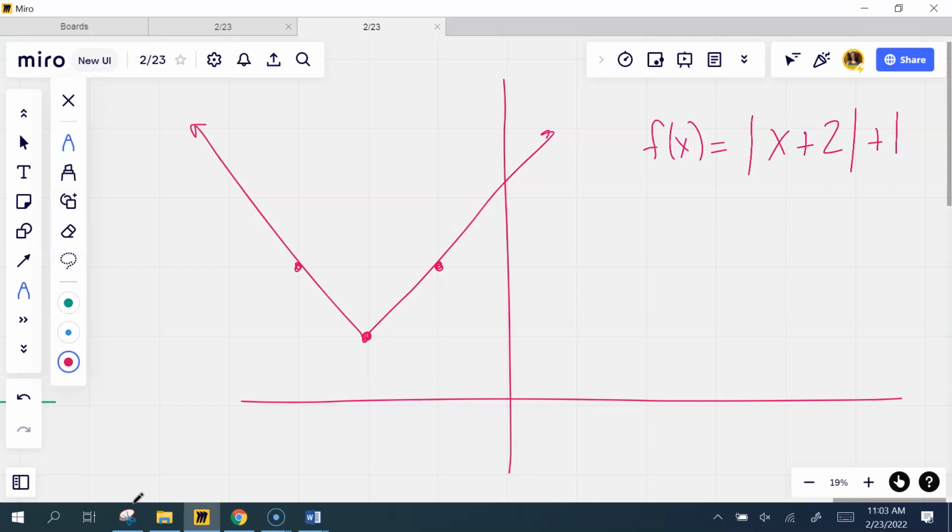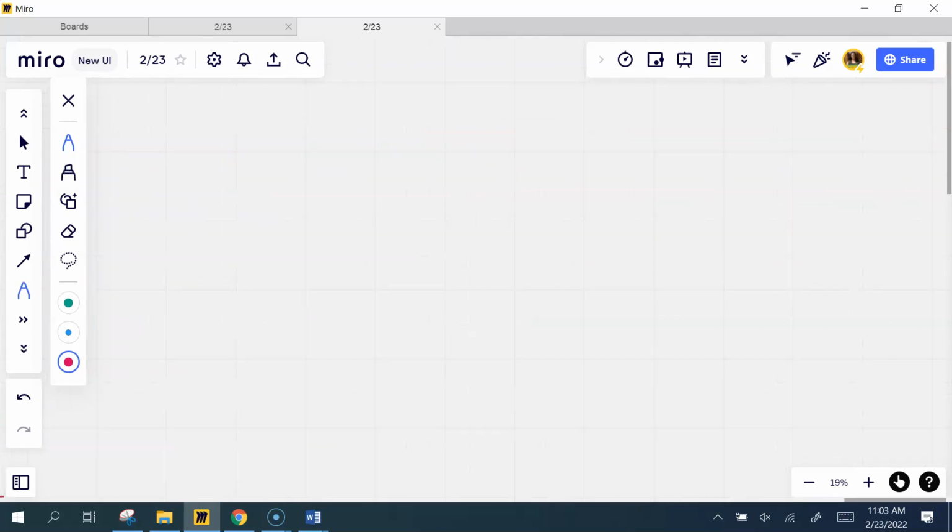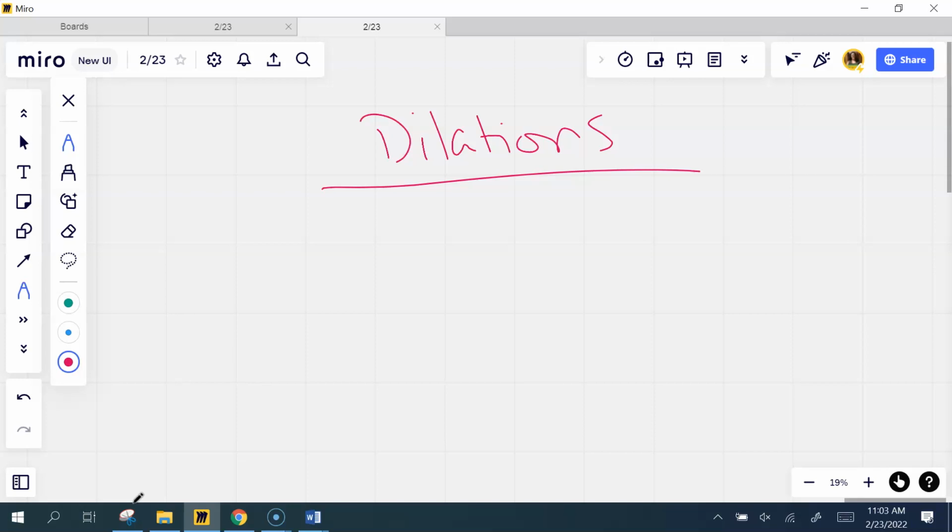All right, y'all ready to talk about dilations? Dilations are just a fancy word that means shrinks and stretches. This is a very basic dilation description here. We're going to go into a little more detail whenever we get to your red slip, but for right now, we'll stay basic and then we'll talk about it a little more.